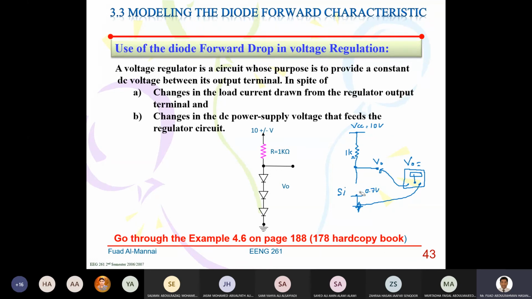But this is silicon, guys, so I will replace it with the model. So my voltmeter will read 0.7, very good. 0.7 volt. Everybody get that?